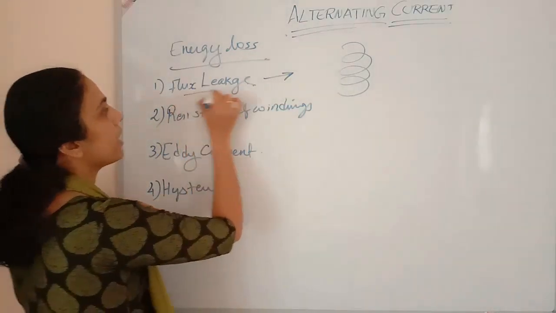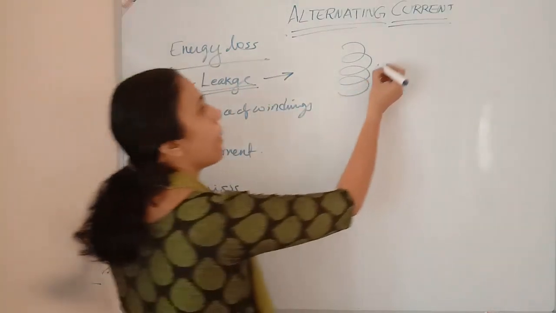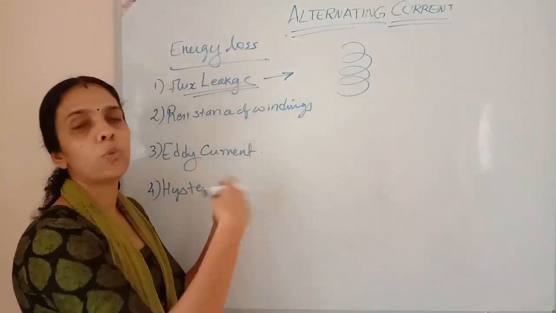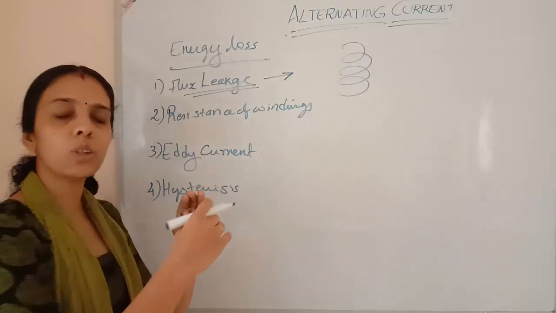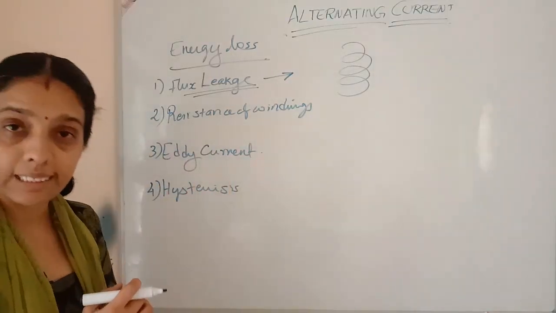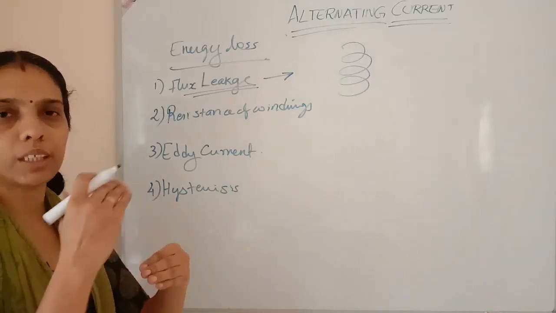We can reduce the flux leakage by winding the coils one over the other.